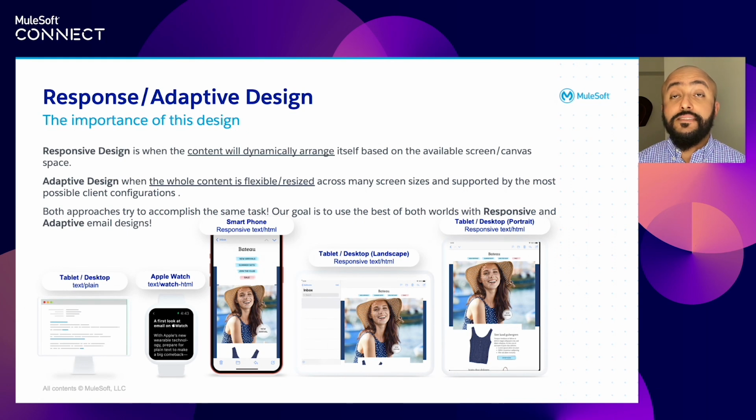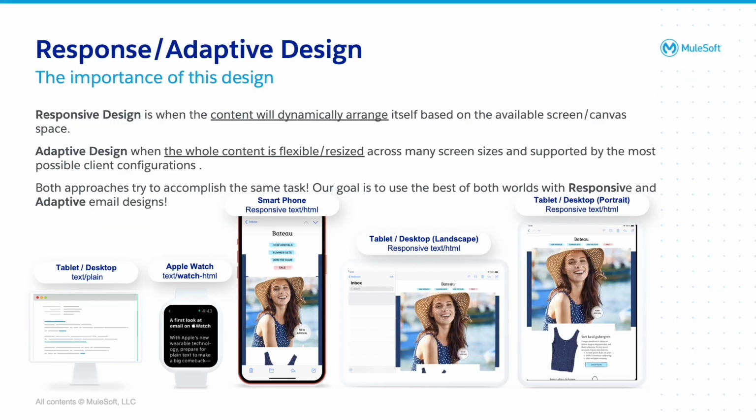Okay, before we move into our demo, let's talk about the importance of having a responsive and adaptive design. A responsive design is when a design arranges itself on the client screen. For example, if the client starts reading the email in a landscape position, the message can look like something, right?